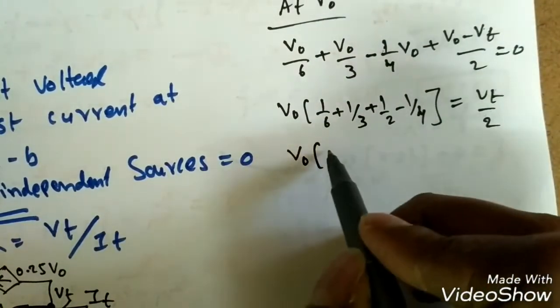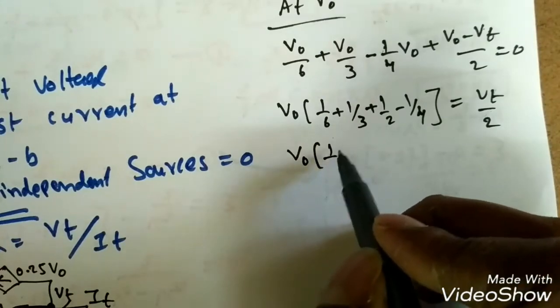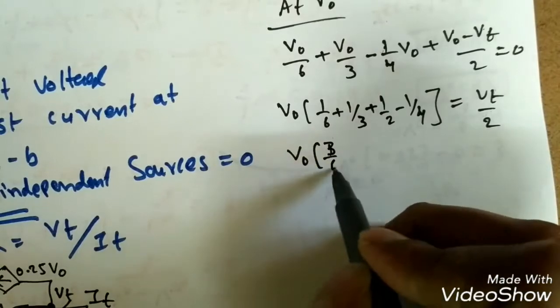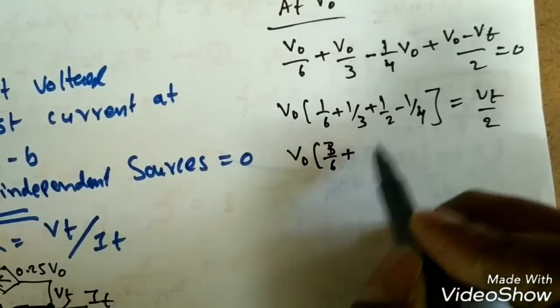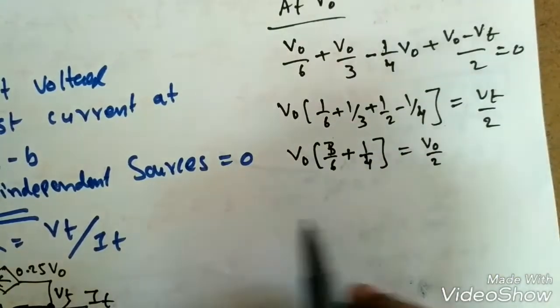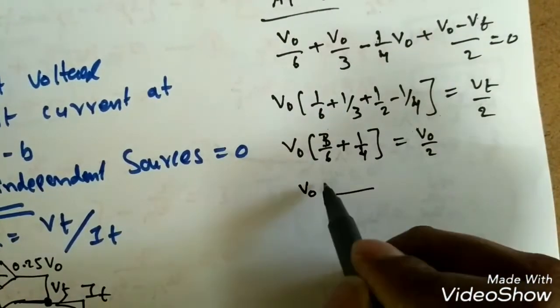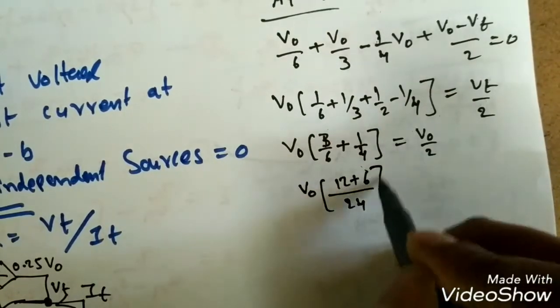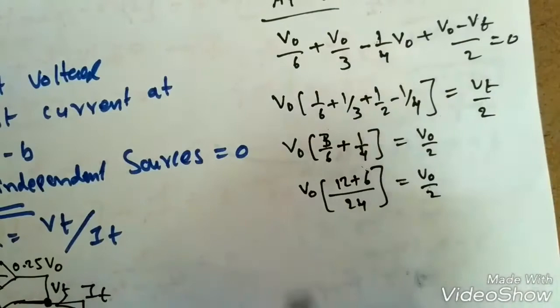So 1 by 6 plus 1 by 3, this is 3 by 6, minus 1 by 4 I will get here. This is Vt by 2. So if I take LCM again, 24, 12 plus 6 is equal to Vt by 2.